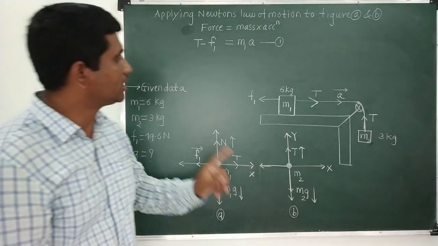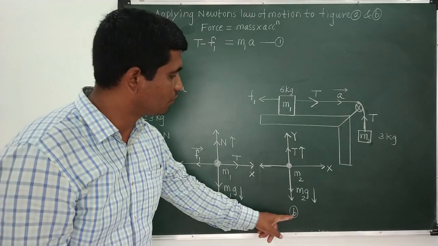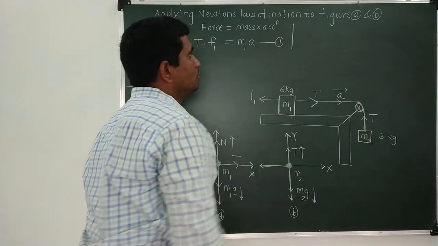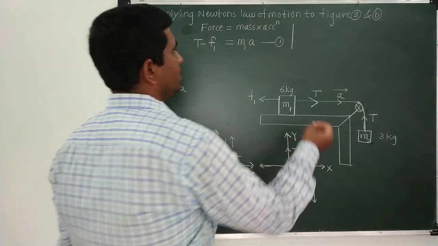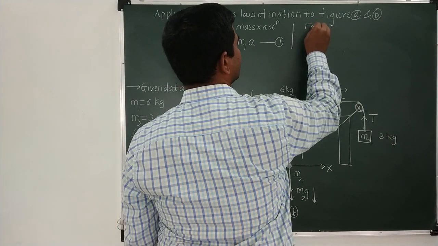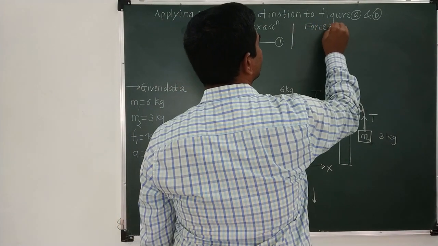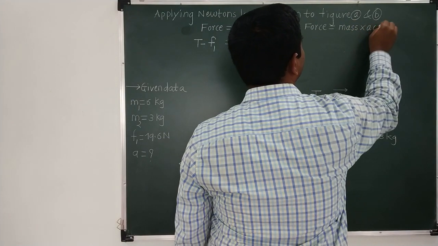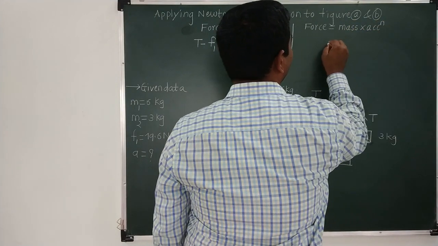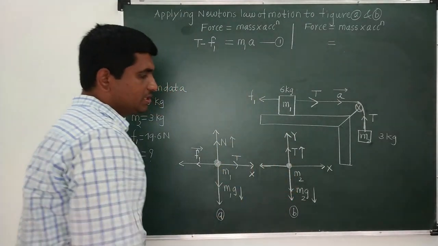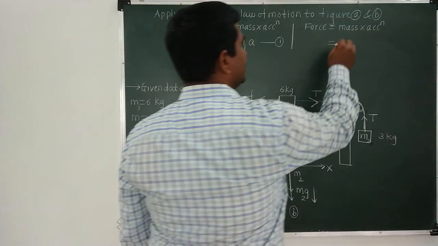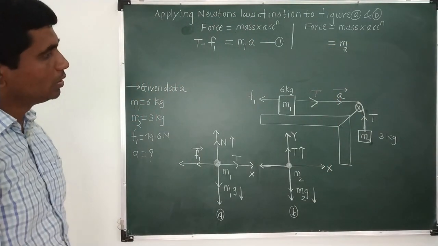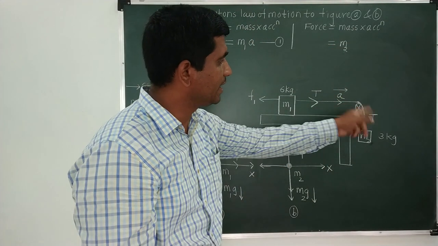Now similarly we will find the equation of motion for figure B. Force is equal to mass into acceleration. The mass of the second block is m2, so it is m2 into. Both blocks are connected by a string.